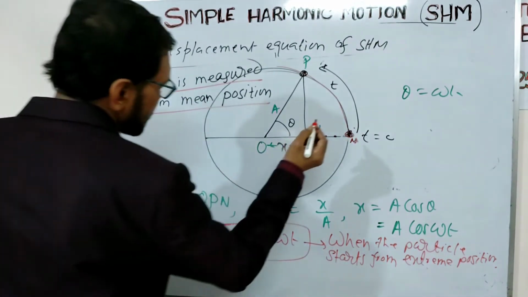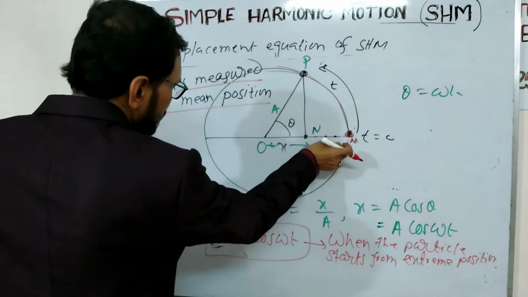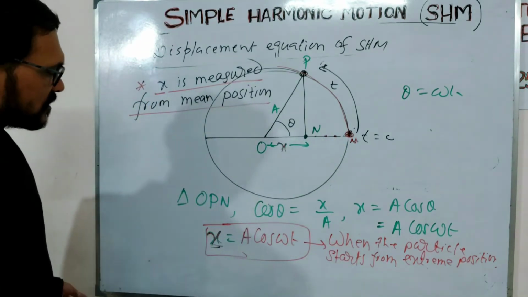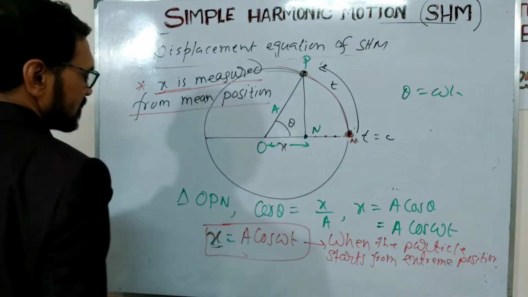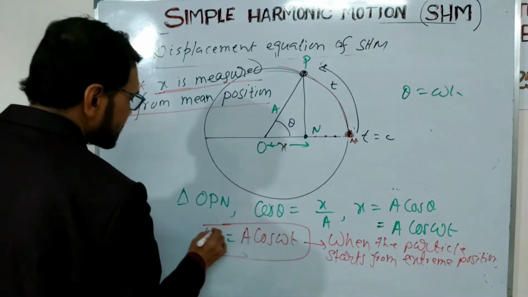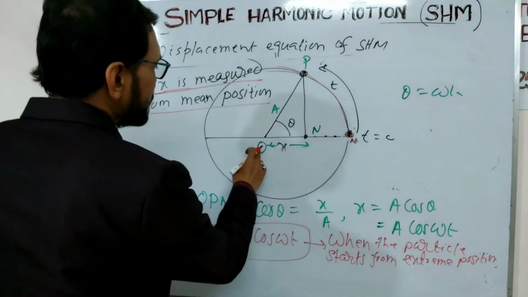Whether the particle starts from the mean position or from the extreme position, we always measure x from the mean position. So in the displacement equation, x is always measured from the mean position.